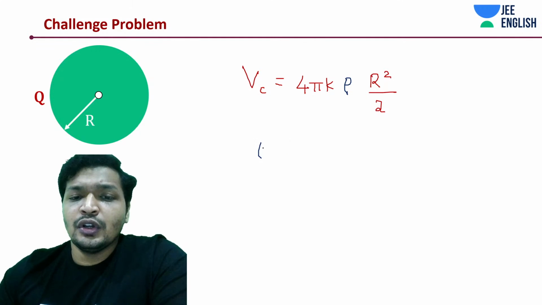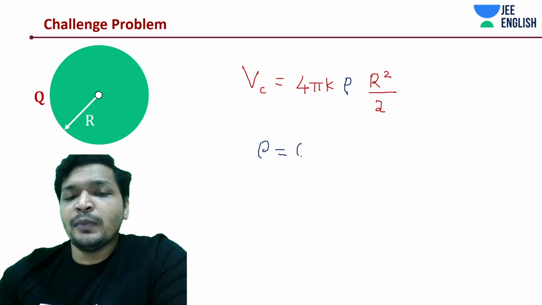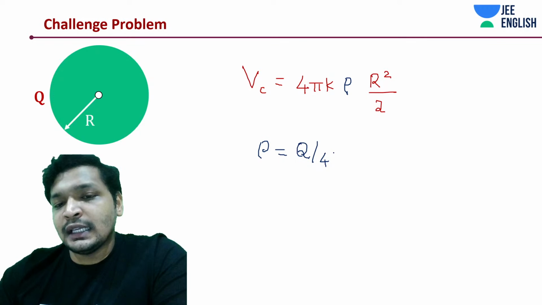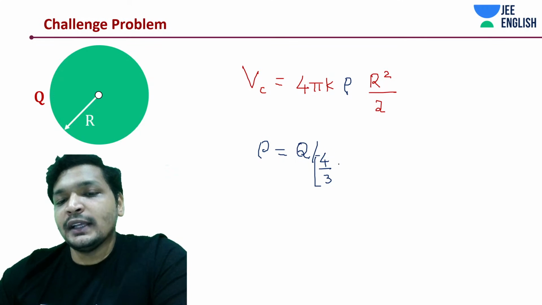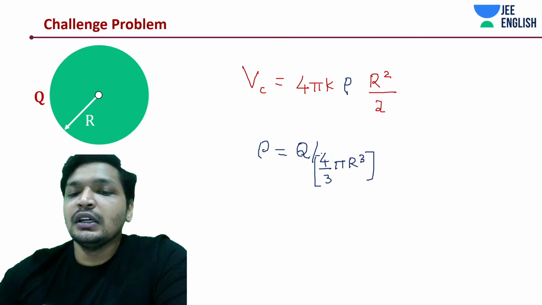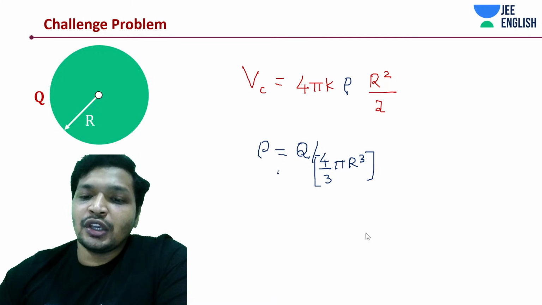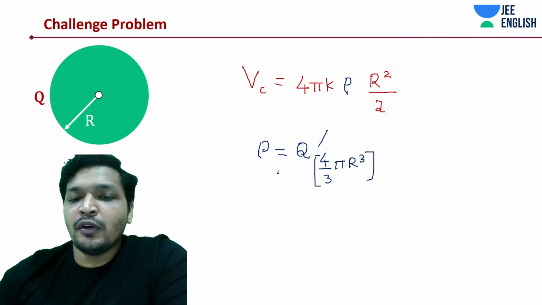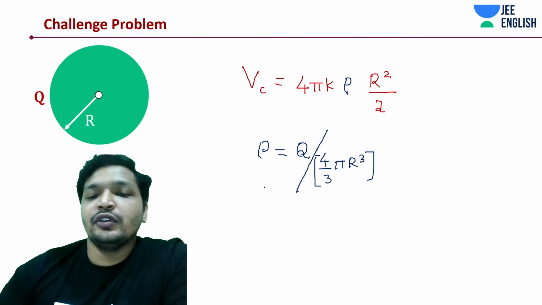What was rho? Rho was q divided by 4 by 3 pi r cube, that is q divided by the volume of sphere. This charge plus q is uniformly distributed throughout the volume.